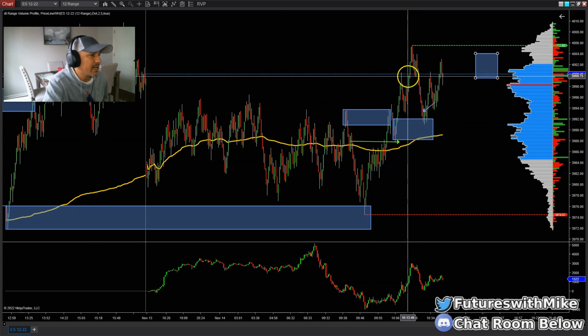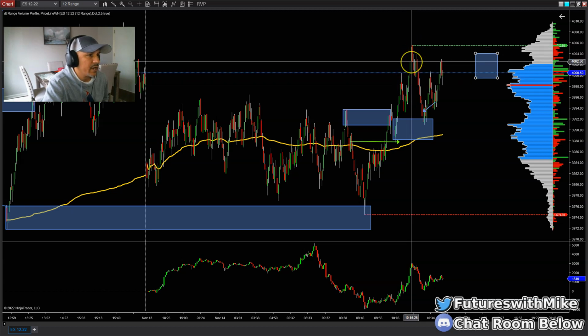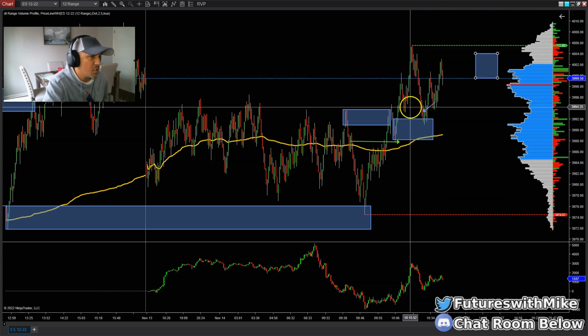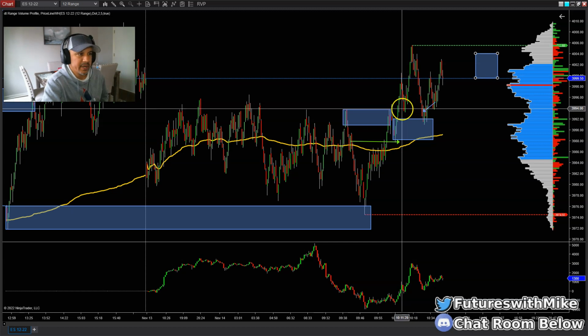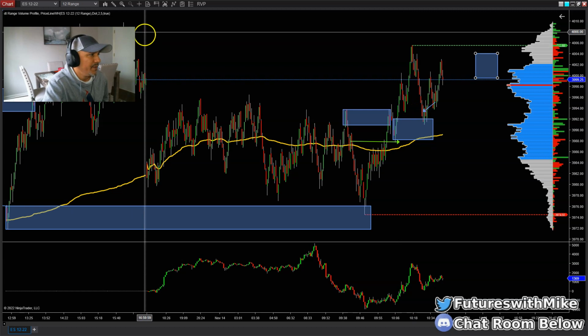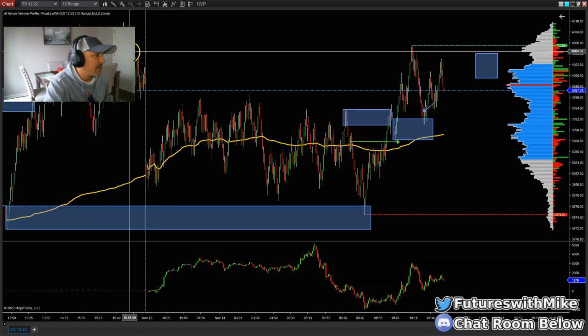At least try and take it back down to this area around 4,000, and price continues pushing lower. But going short right here, getting in, and then at least trying to take it down to 4,000 and holding it out to the bottom of this area of liquidity and the back end of this area of support right here. Okay, but this was an area of supply here. I didn't take it.